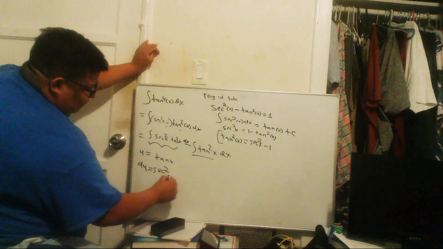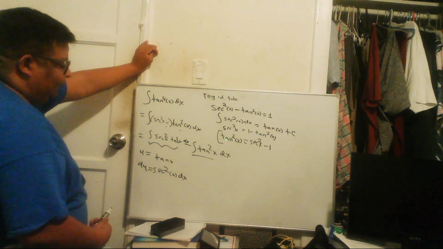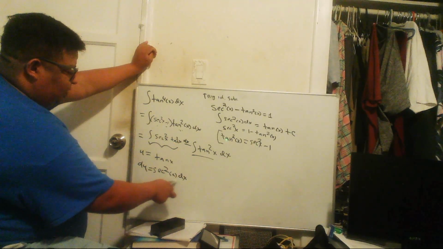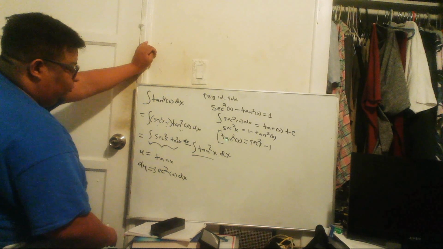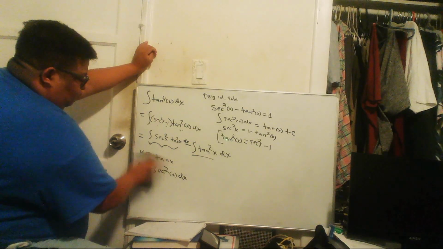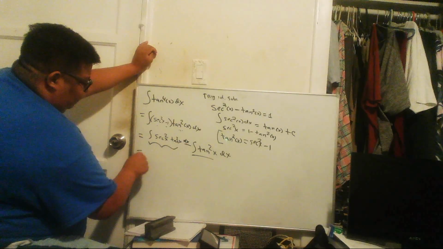So the derivative of u is gonna be secant square x dx. Knowing that fact, we can replace this integral as follows.